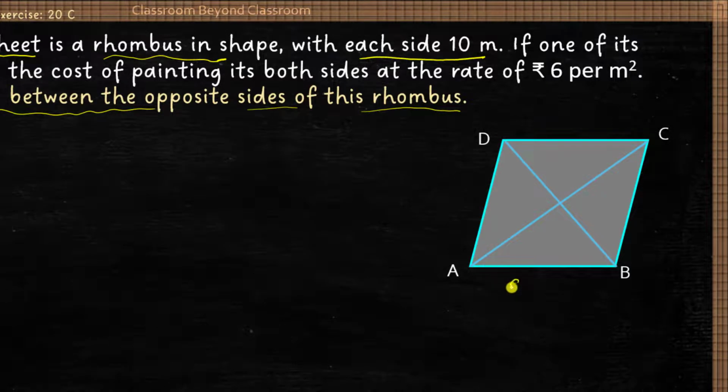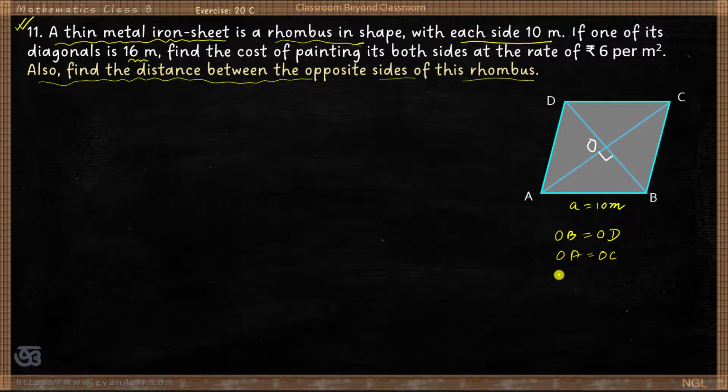ABCD is a rhombus. Say side AB is equal to 10 meter. And both the diagonals cut at a point O. And therefore OB is equal to OD and also OA is equal to OC, and triangle OAB is a right angle triangle.